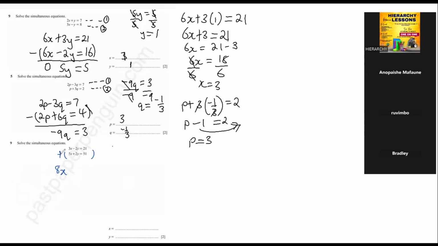So which means we have eliminated y. 21 plus 51 is 72. So we add these two equations to eliminate y. Then we divide both sides by 8. So what is x now?